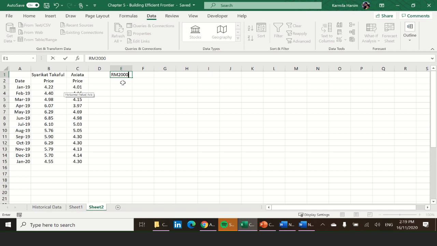Other than that, you also need to find all the main measures like mean return, standard deviation as a proxy for risk, as well as correlation between these two stocks. So, let me start with finding the percentage return for both stocks, as well as other measures to reflect the characteristic of Takaful and Axiata companies.